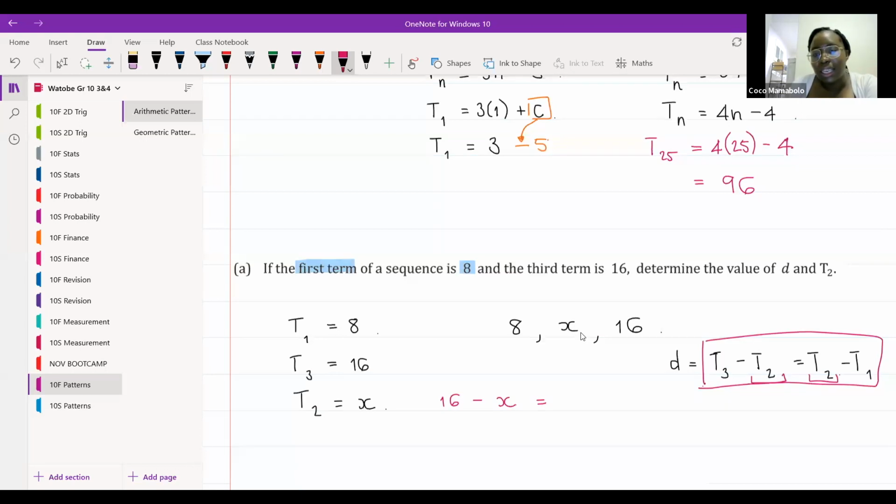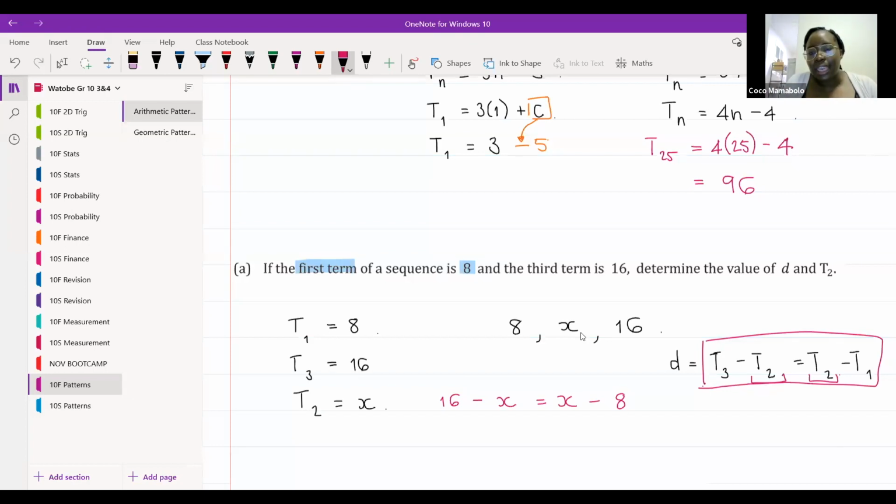T2 again is X minus T1, which is, how much is T1? 8, correct. And then all we're going to do is take our formula and rearrange to solve for X.